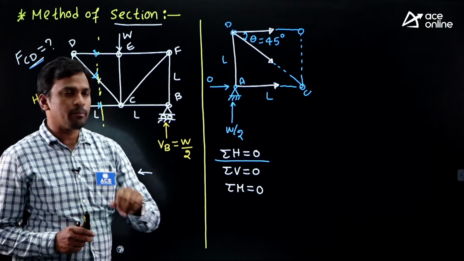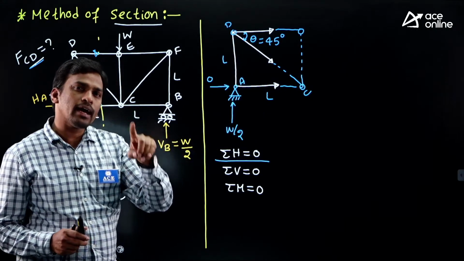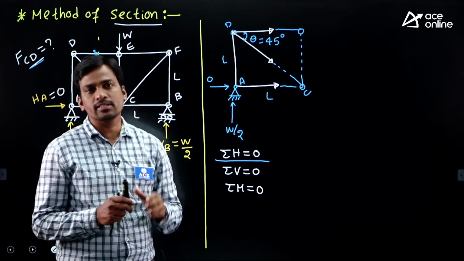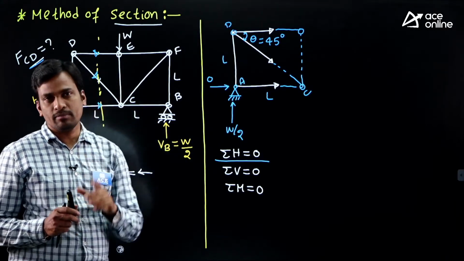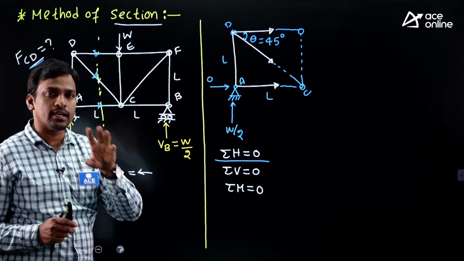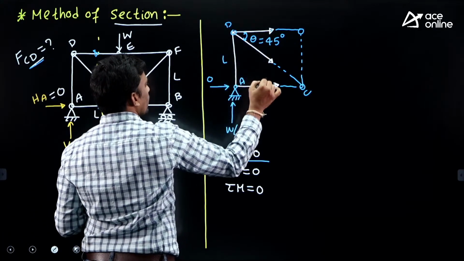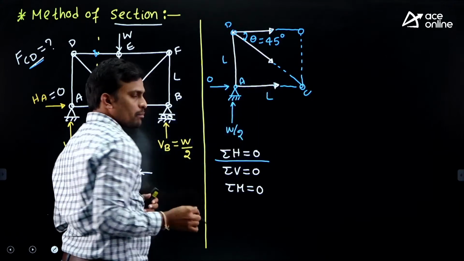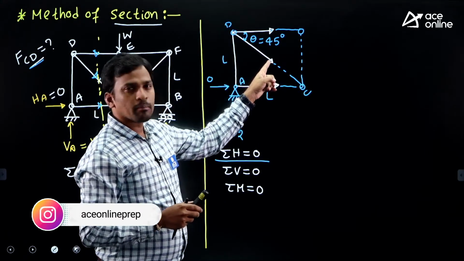Now tell me, in this free body diagram, how many horizontal cut members are present? This is a horizontal cut member. This is also a horizontal cut member. Then this is an inclined cut member.